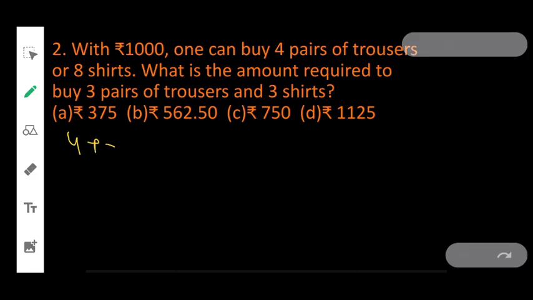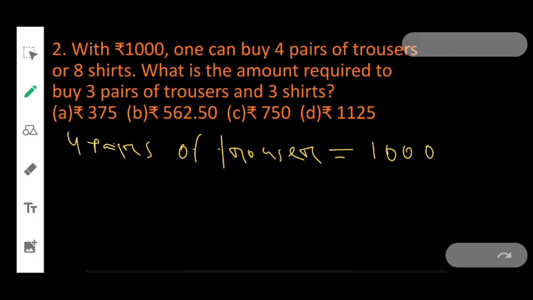Okay, so the cost of 4 pairs of trousers is 1000 rupees.